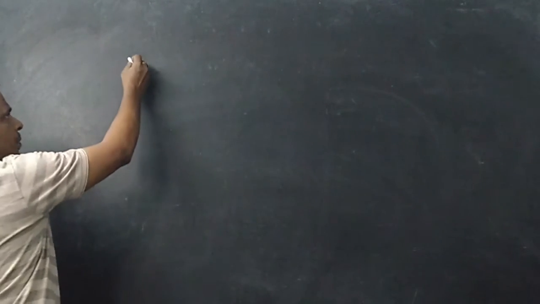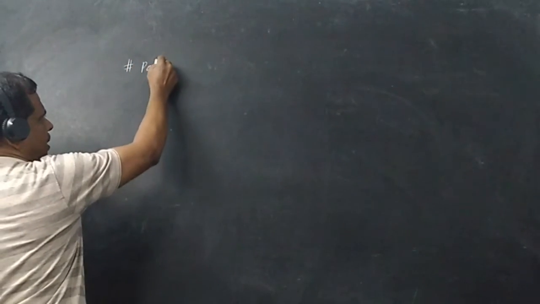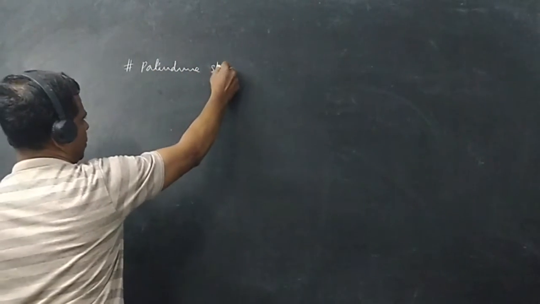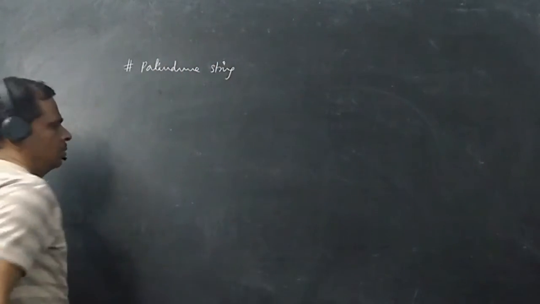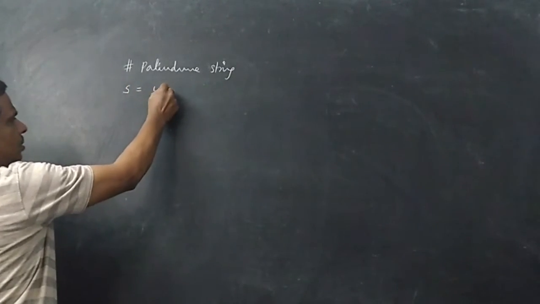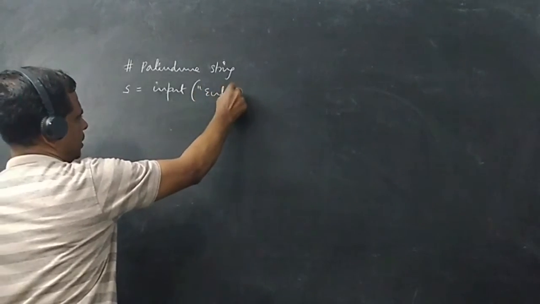I am writing my program. Palindrome string. What am I going to use here? S is equal to input, enter a string.